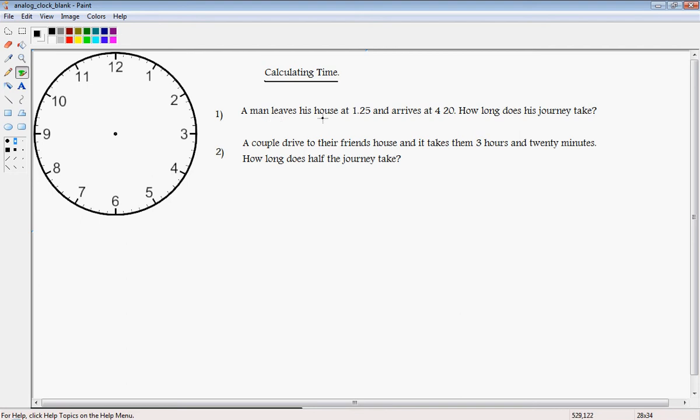Okay, so the best thing to do is to actually do a couple of questions. So a man leaves his house at 1:25 and arrives at 4:20. So how long does his journey take? Okay, so he leaves his house at 1:25.